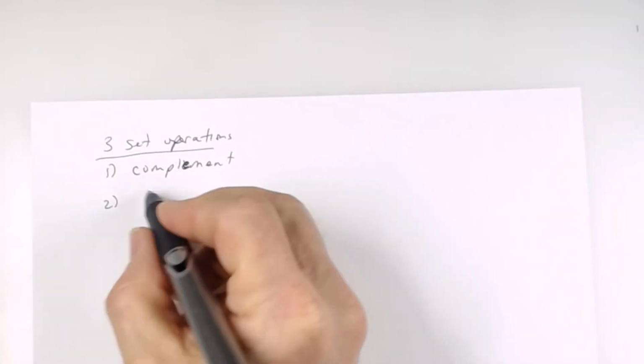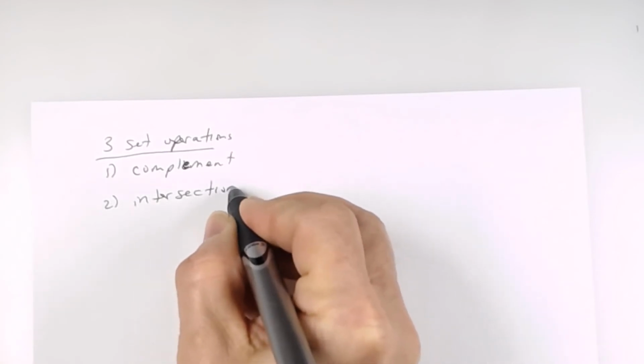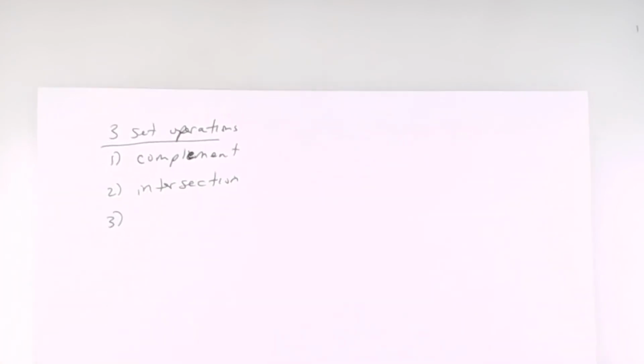Okay. The second is intersection. And the third, now remember, and you probably remember this word from a previous course or background. We looked at intersection, we're also going to look at what?